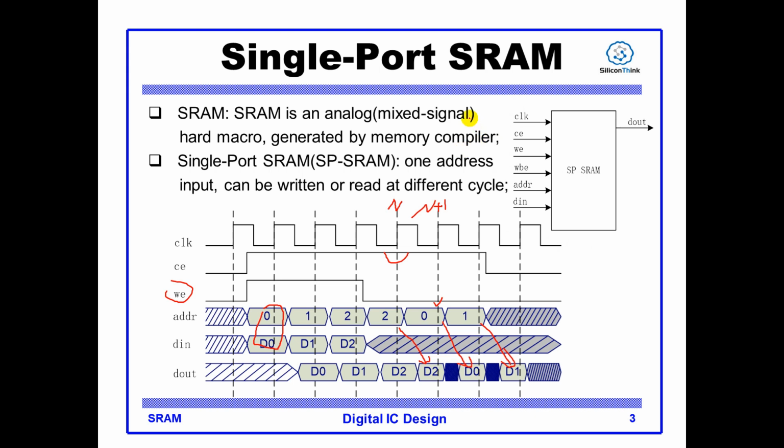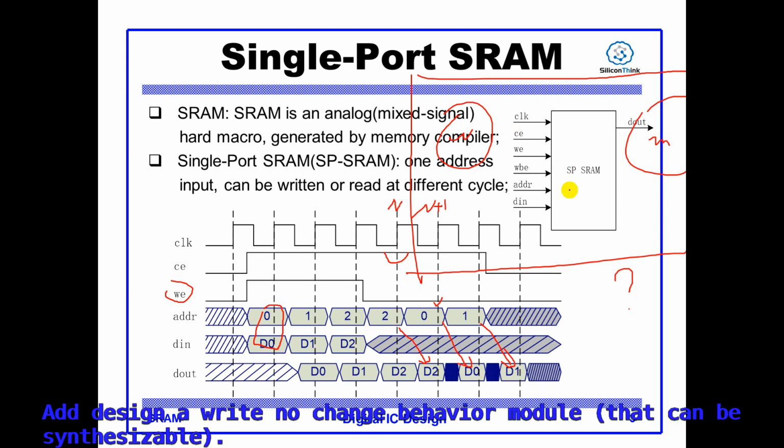You can add some logic here and some logic here and make them a write no change behavior module. So how to design this? You can try to figure out how to design a write no change behavior module using the write bypass memory micro.